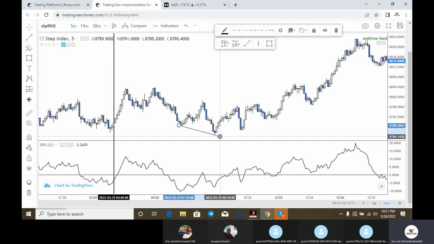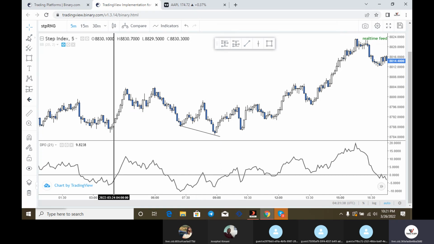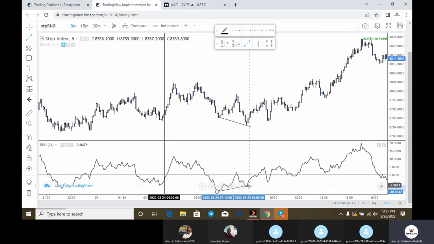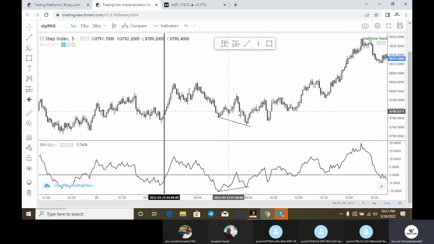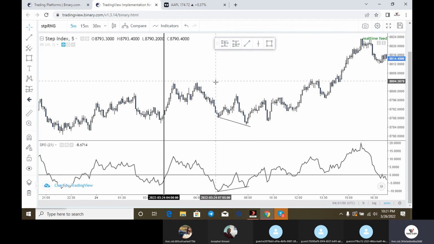So this and this, is this not spiritual, guys? All right, so these are regular divergences because we are trading against the trend.